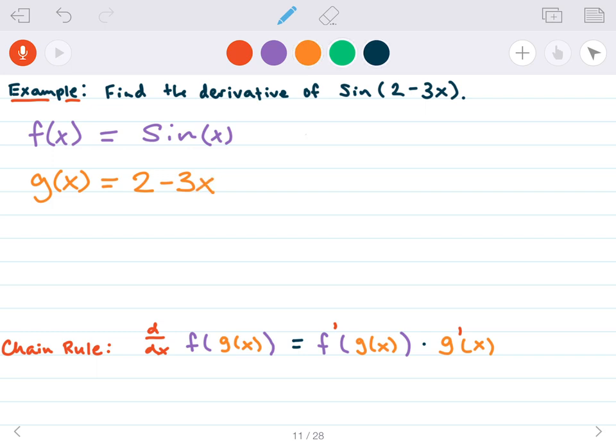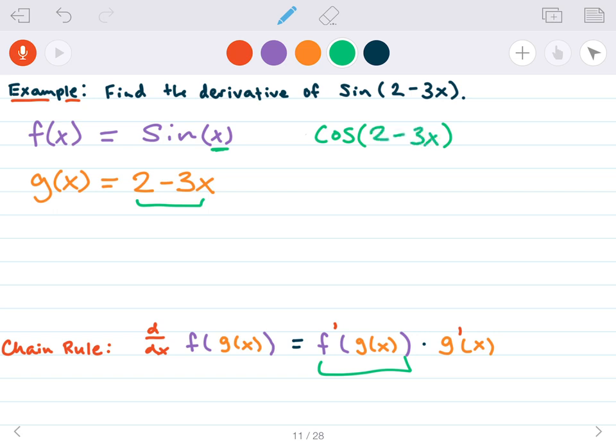And now I use the chain rule. So the first thing, I'm going to take the derivative of sine and make sure to keep g in for the variable once I take the derivative. So the derivative of sine is cosine, but instead of putting cosine x, I'm making sure to keep my input as 2 minus 3x.